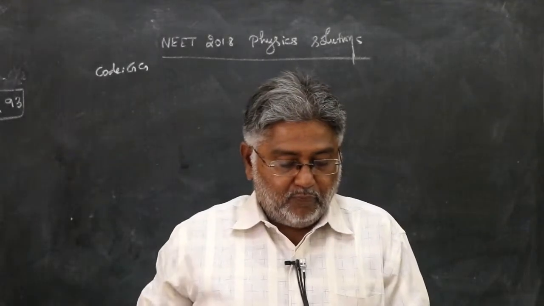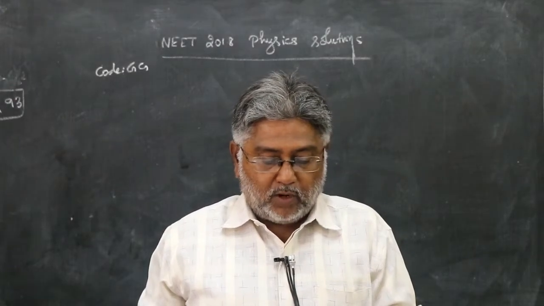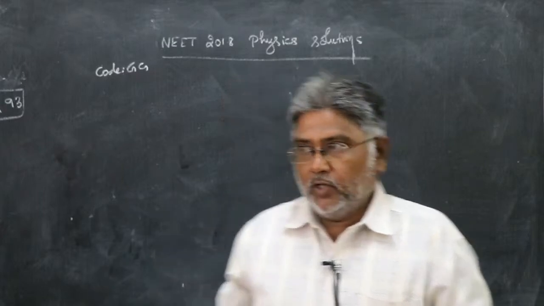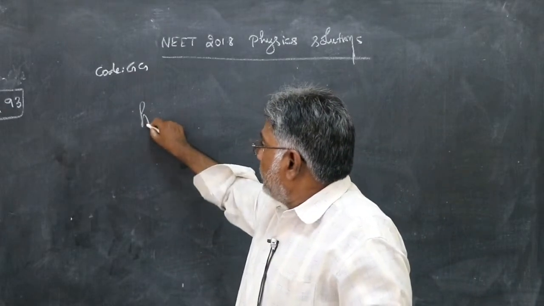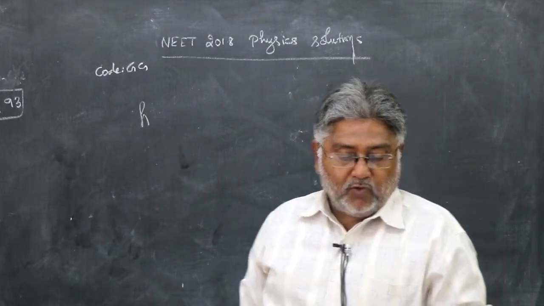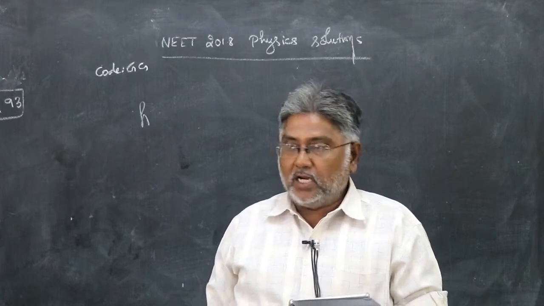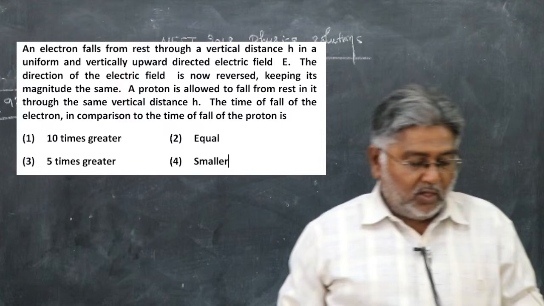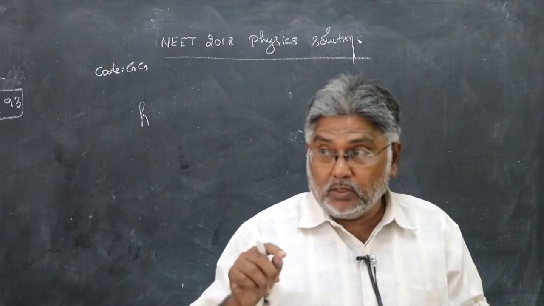Question 93. An electron falls from rest through a vertical distance h in a uniform and vertically upward directed electric field E. The direction of the electric field is now reversed, keeping its magnitude the same.